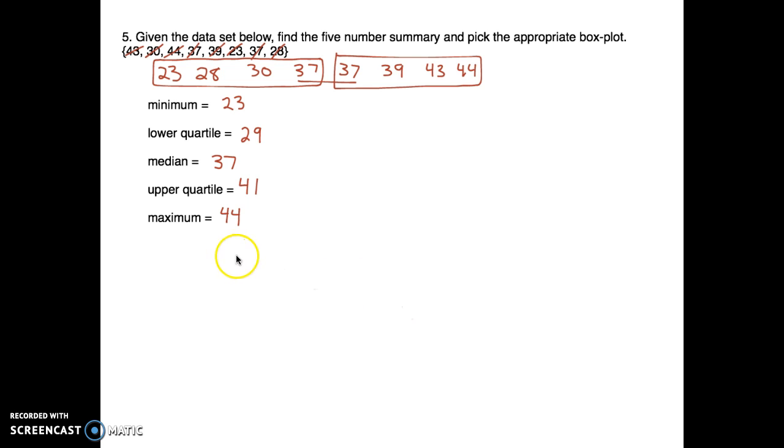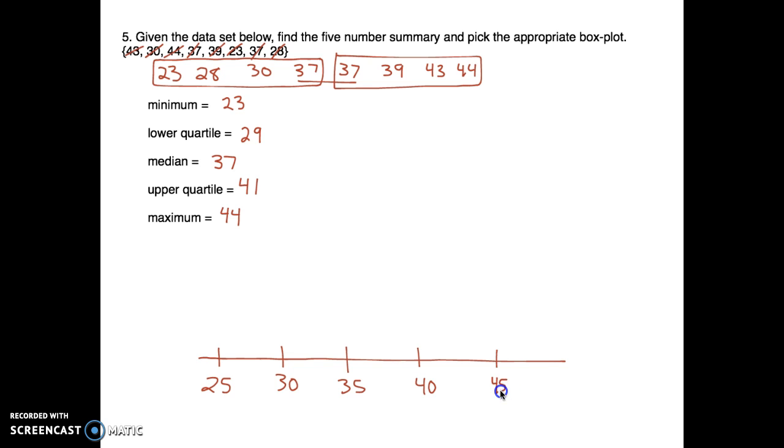So if we go through and do the box and whisker plot, if I have my number line here, let's say we start, let's go by 5. So 25, 30, 35, 40, and 45.